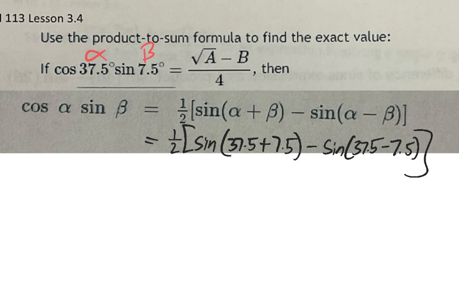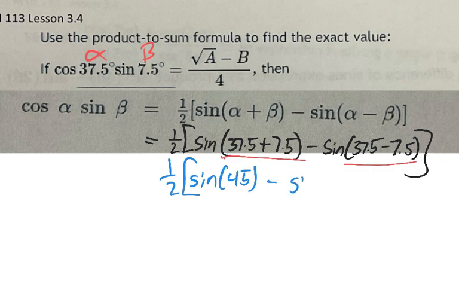That's directly plugging in alpha and beta. Now I can simplify those angles because it's in parentheses. 37.5 plus 7.5 is 45, minus sine of 37.5 minus 7.5, which is 30.